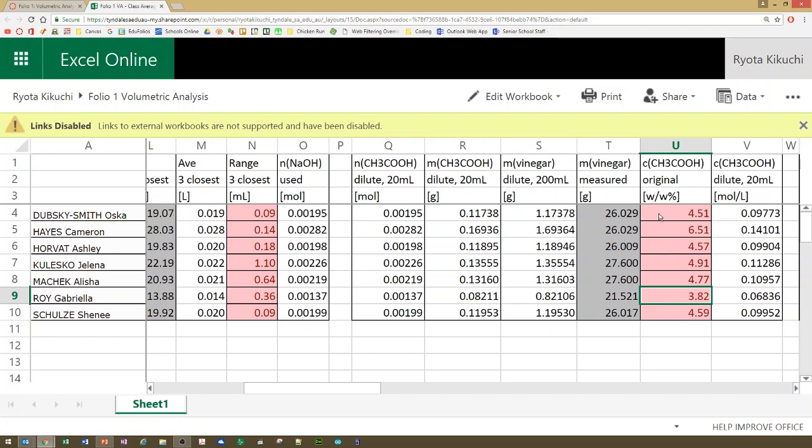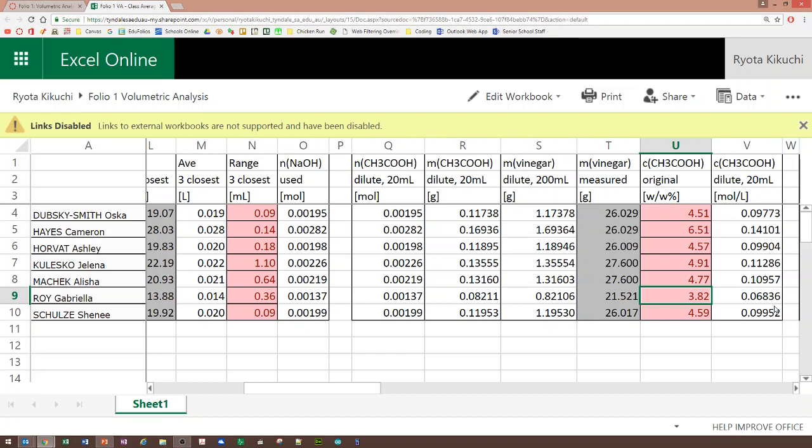From that, excluding a few titers that I missed out, I managed to calculate this percent weight per weight or volume per weight percent concentration. So that's in percentage here. So 4.51, 4. All of them seem to be within like 4%, but there are a few that are high or low. So 6.51 and 3.82.